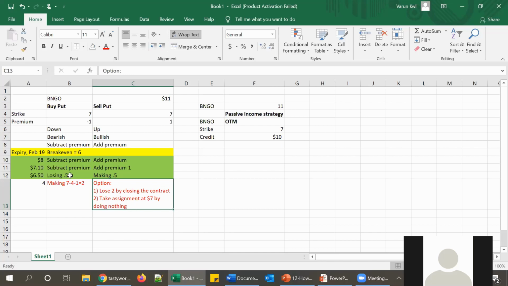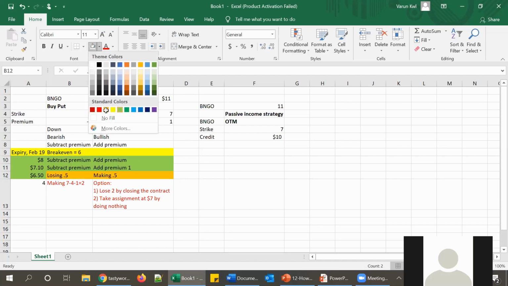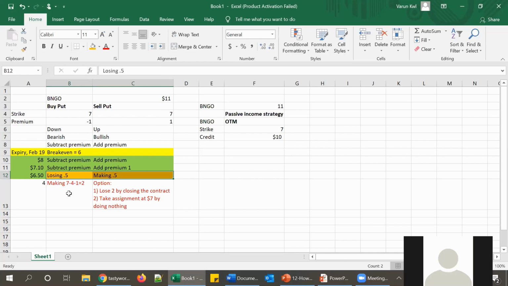Yeah, in this particular example, in this one you have to do something. You have to do this, not to take an assignment. The whole game happens on Feb 19th, when you have to take a decision whether you want to take an assignment or not.